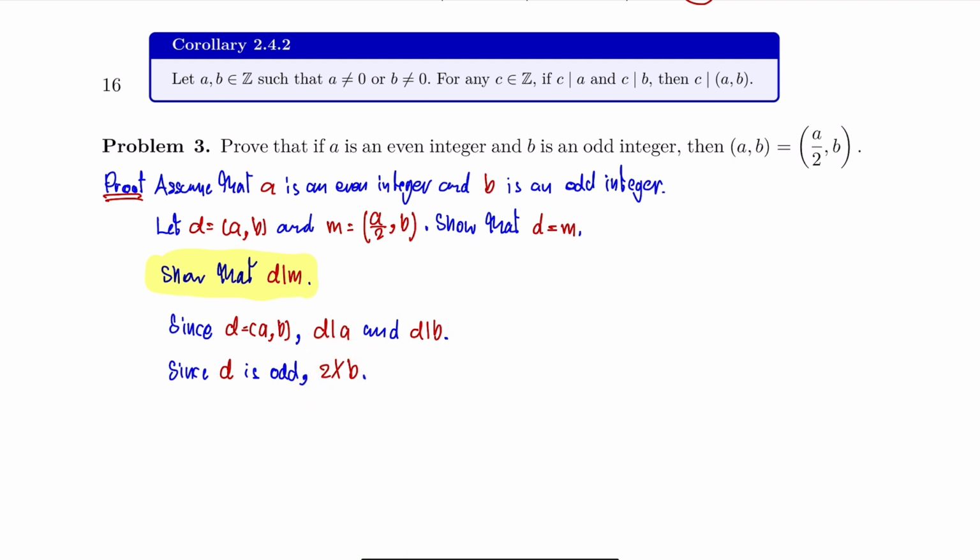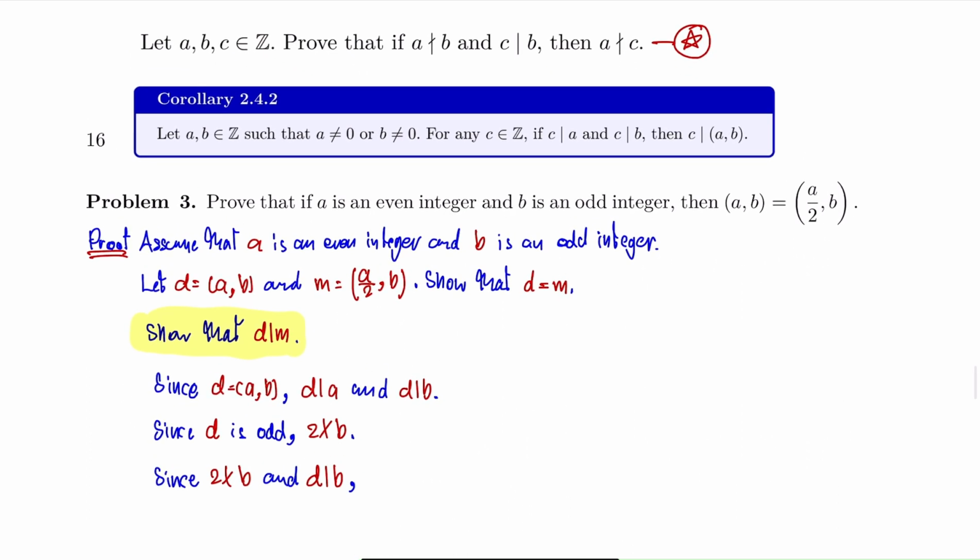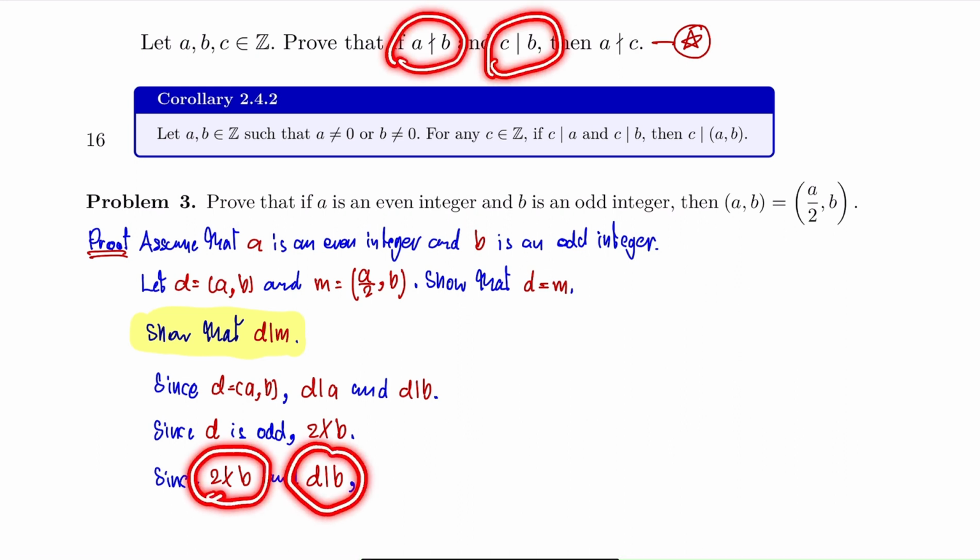So since 2 does not divide b and d divides b, we are going to use theorem star here, right? 2 does not divide b and d divides b. That means that 2 does not divide d, right?